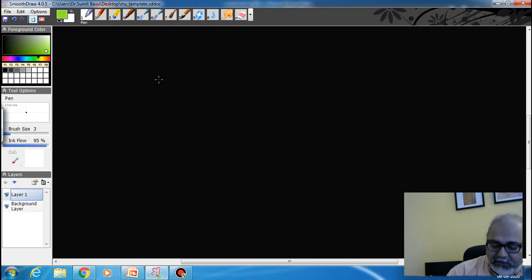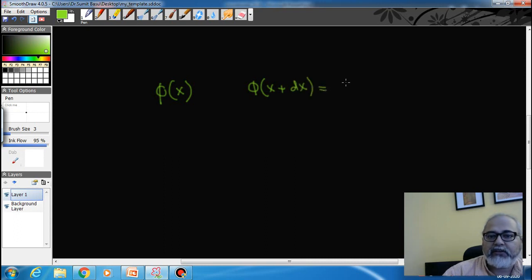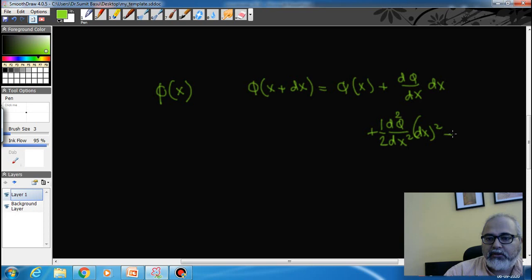When we did functions of one variable, let's say a scalar function of a scalar variable, then we wrote phi of x plus dx as phi of x plus d phi dx times dx plus d square phi dx square times 1 by 2 dx square, and so on.